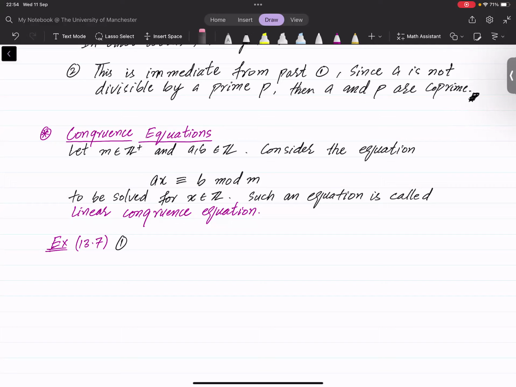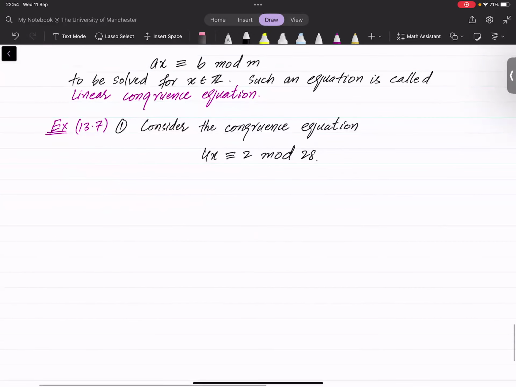Consider the congruence equation 4x is congruent to 2 mod 28.